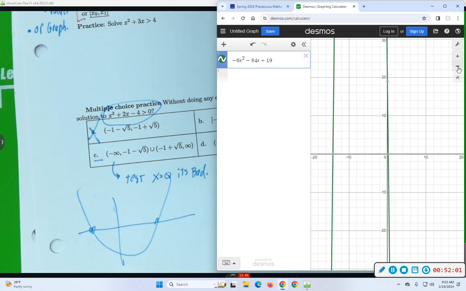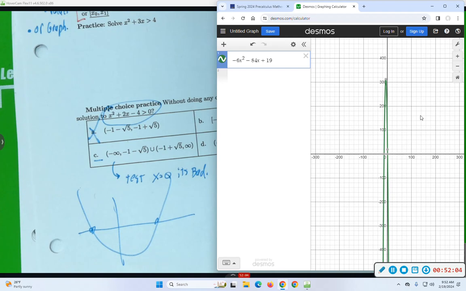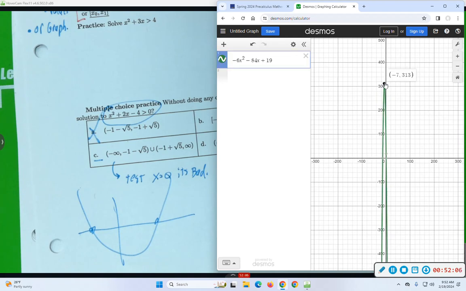And there it is. And what you just told me is negative 6 times x minus 7 squared plus 607. Okay, so the graph is incorrect.